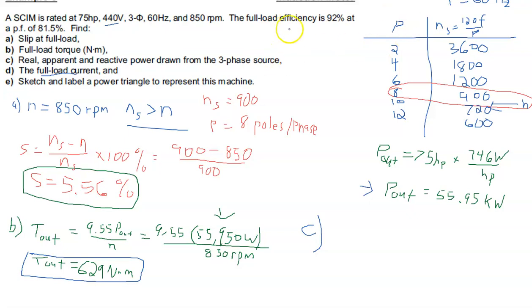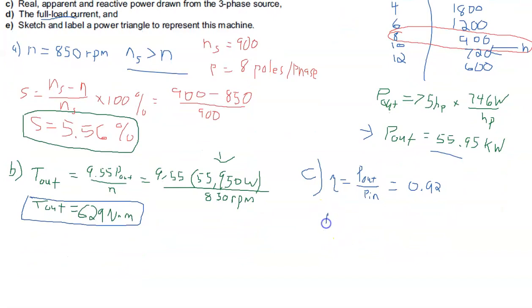But we have been given the efficiency. And so the efficiency will relate our input to this power out value, because we know that efficiency is equal to power out divided by power in, times 100%. If we leave out the 100%, we write our efficiency as a decimal, in this case 0.92.